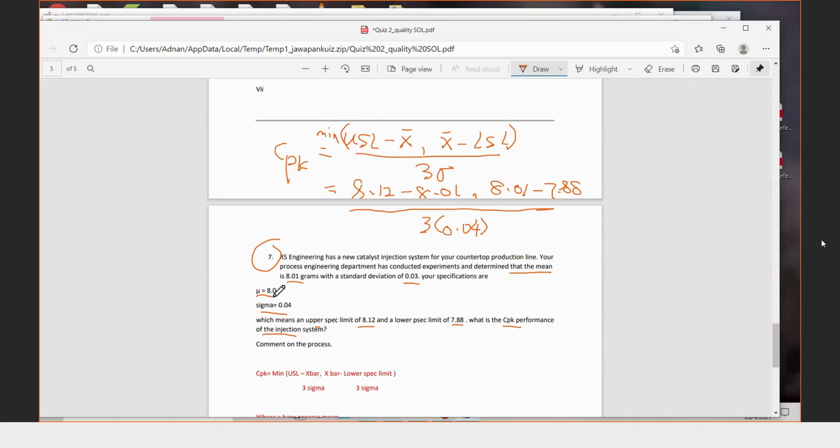I think this is not related, because it's already given here. The mean is given here 8.01 and standard deviation 0.03. So this is nothing there. Okay, so you just solve this and then get the smallest one and then you get the CPK.